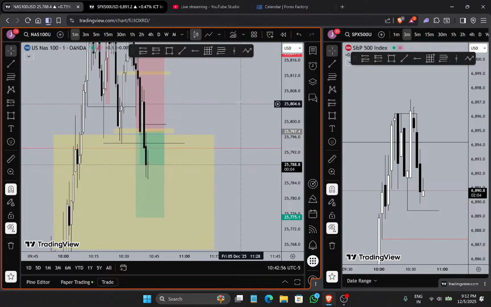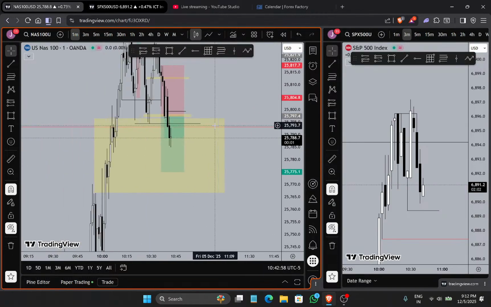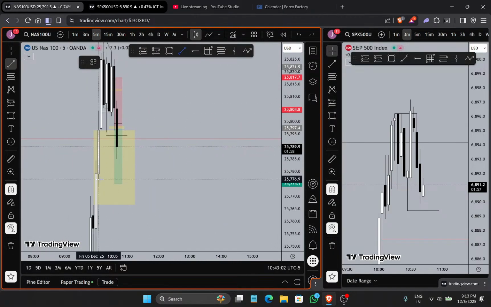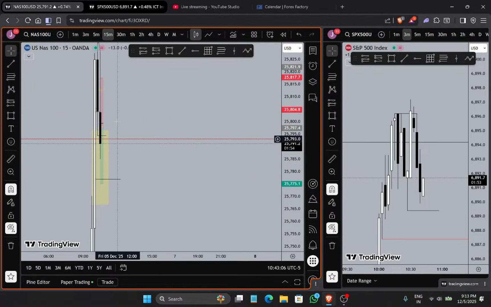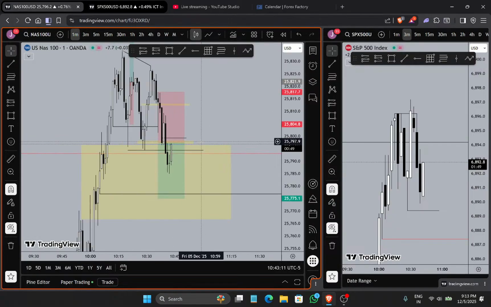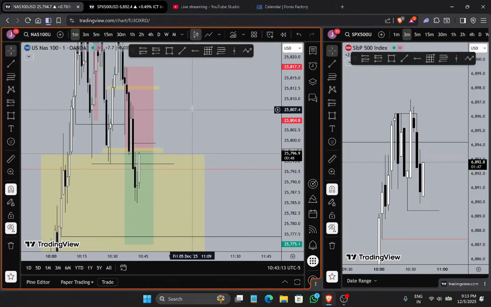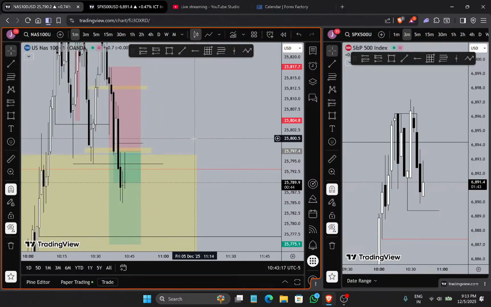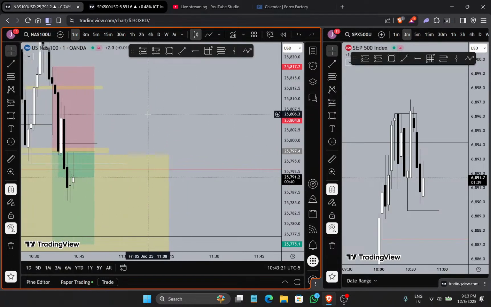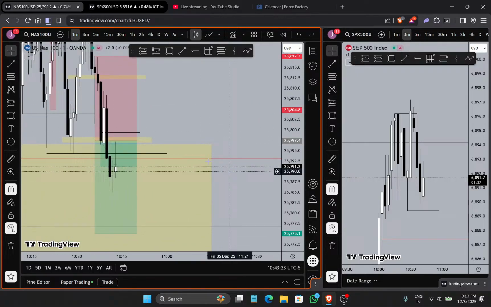I set my TP exactly at the 1 to 1. So that's it. We are inside this 15 minutes, so either we should deliver from here. Did I get break even? Nah, I don't think so. No, we are not at break even yet.